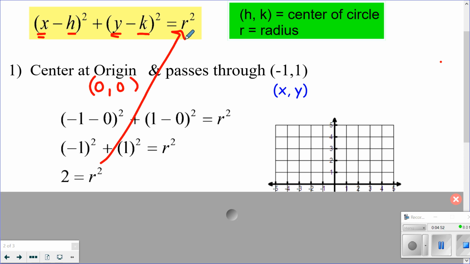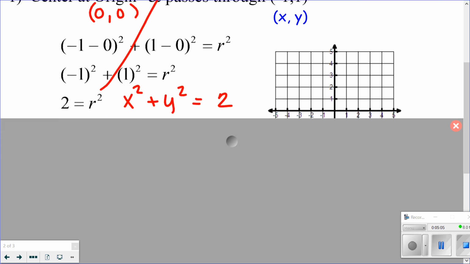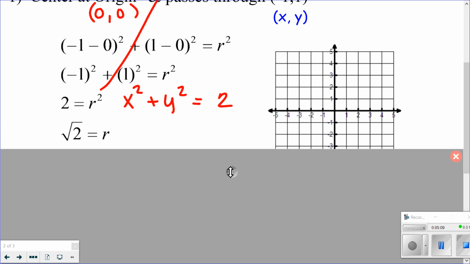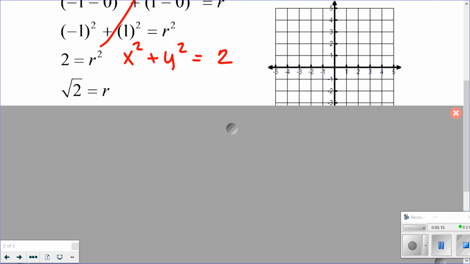So since we're at the origin, I can just do x squared plus y squared equals 2. But since we're getting ready to actually graph our circle, I'm going to go ahead and find the square root of 2 to be my radius. And I think we just found that up above in our previous problem, and we found that was about 1.4-ish.